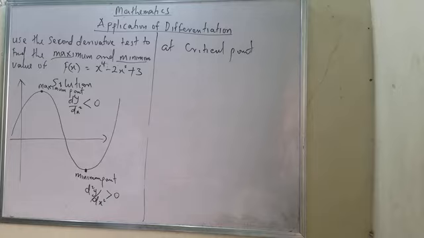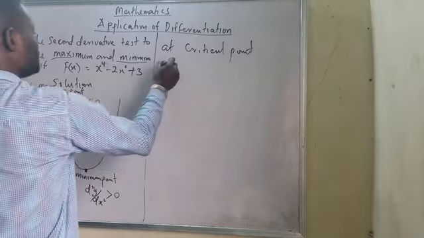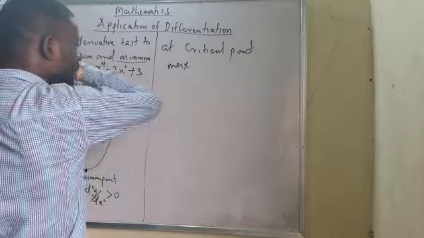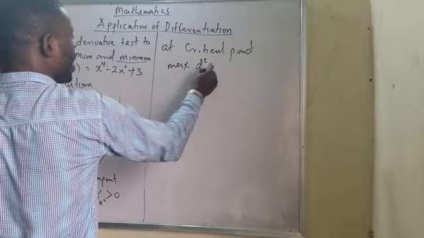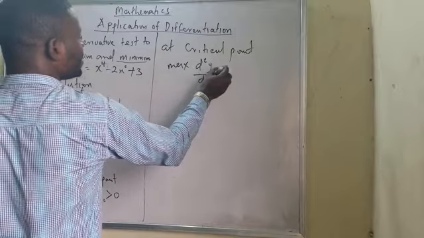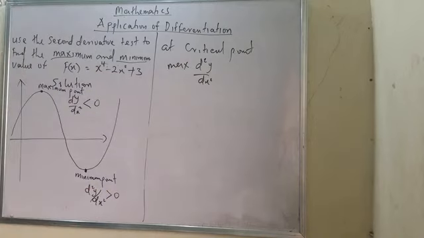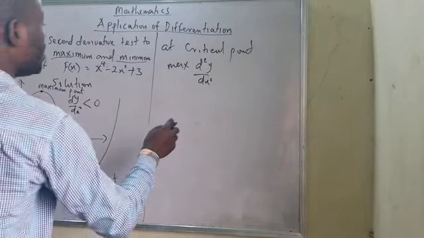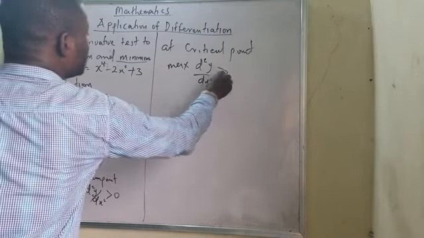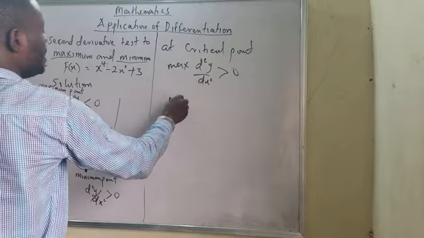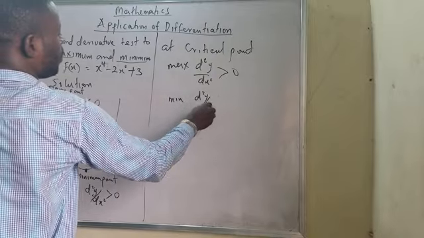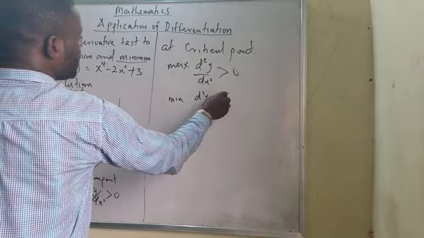The story is like this: at maximum, d squared y over dx squared will be less than 0, and at minimum, d squared y over dx squared will be greater than 0.